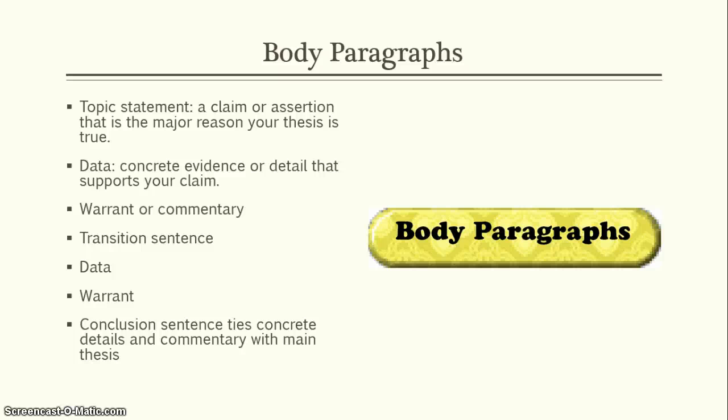Your last data will explain and rebut why it disagrees with and negates that counterclaim. And then your warrant explains why the data does not prove the counterclaim. And then a concluding sentence that ties the paragraph together.